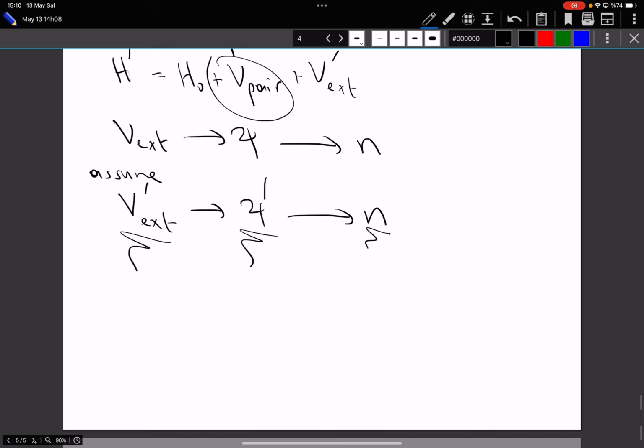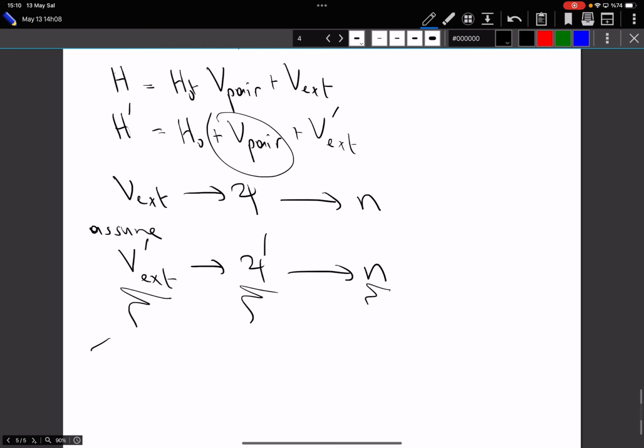Now let me look at this one: psi prime, H, psi prime. I couldn't understand. We can have a different wave function but the same density? I am assuming that I can have that. And then I will try to obtain a contradiction.